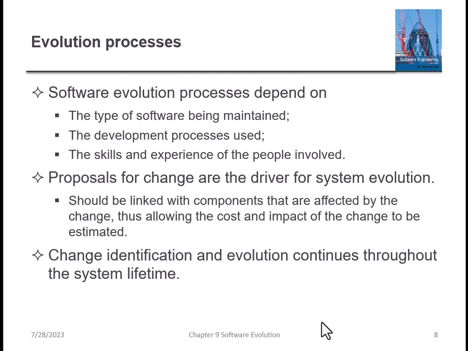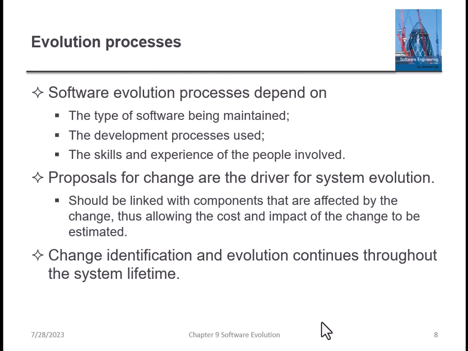Additionally, we can also say that other factors like the system architecture and software architecture analysis are also important to know about. The development process used, as I stated, the skills and experience of the people involved, and obviously the process model from which the whole software goes from requirement inception to the maintenance phase.